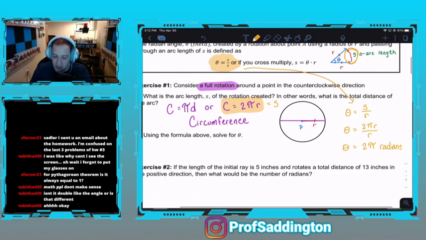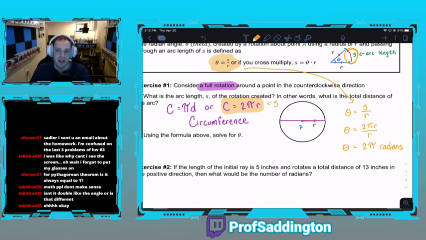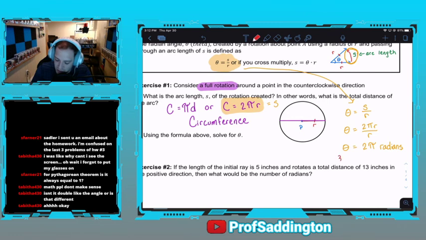Yesterday, I taught you guys that 2 pi was equivalent to something, and it's the first thing we started off with yesterday. If theta is represented by the angle, and we were to do a full rotation, theta can also be equivalent to 360 degrees.